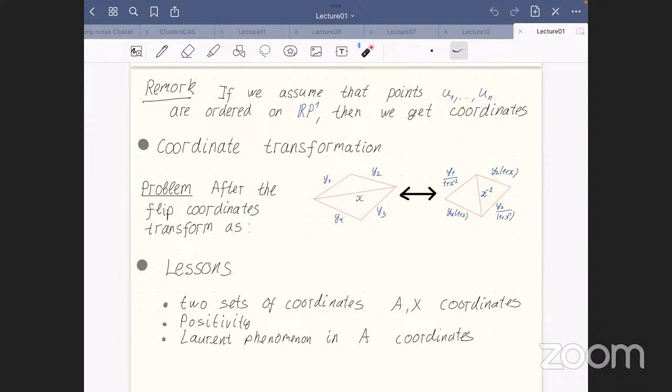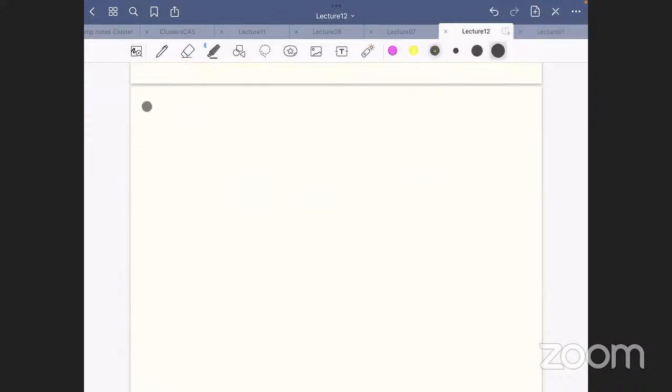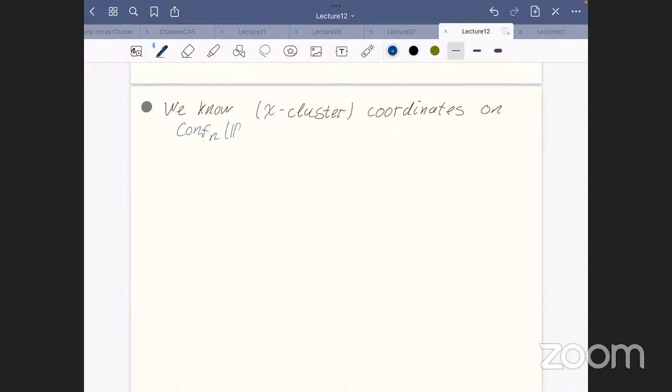So, the question from which we start. We know coordinates, and actually cluster coordinates, x, on configurations of points in P1.